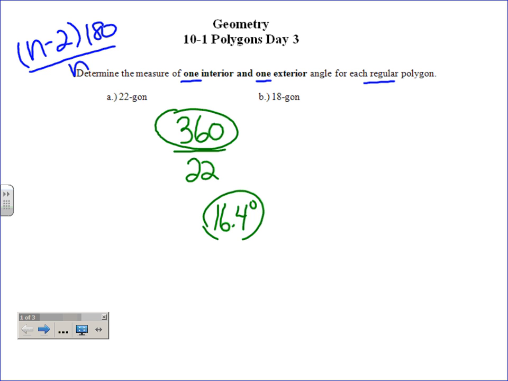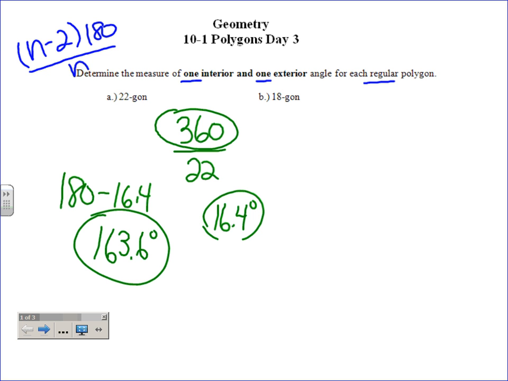Then all you have to do to find one interior is take 180 minus 16.4. Do you get the same thing we had before? Yeah, and it's 163.6. Do you think that's a little quicker? Is there anything wrong with the formula up there? No. But this way's a lot quicker.